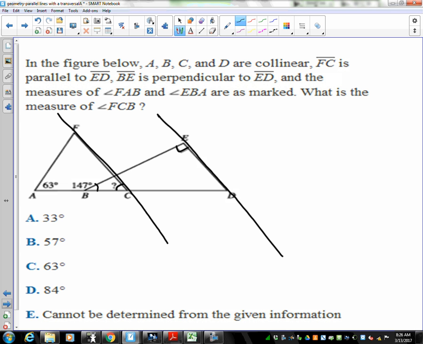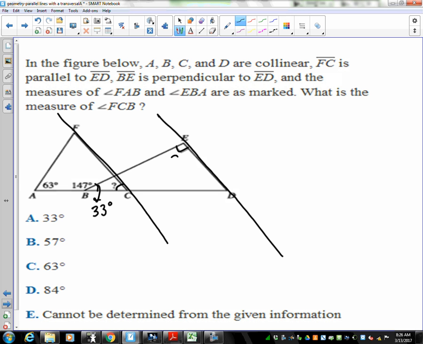So I'm going to do 180 minus 147, and that'll find that angle for me. So we get this angle being 33 degrees. And I'm trying to figure out a way to do this, maybe without using so much of my triangles here, or my parallel lines.